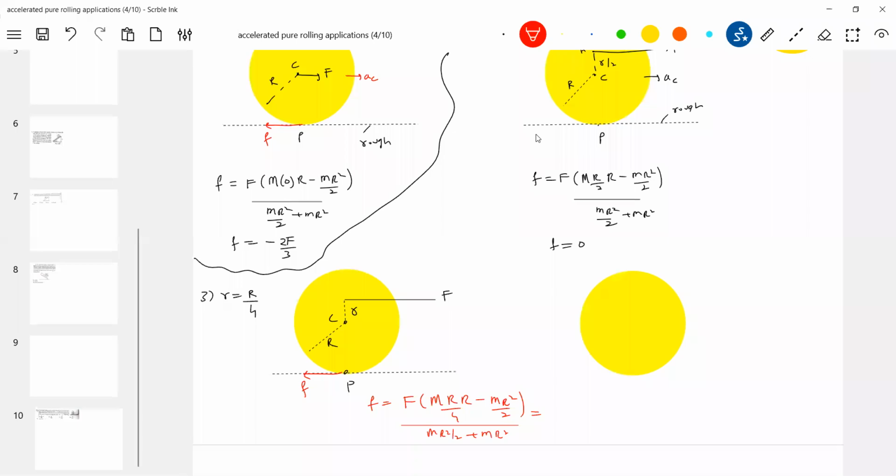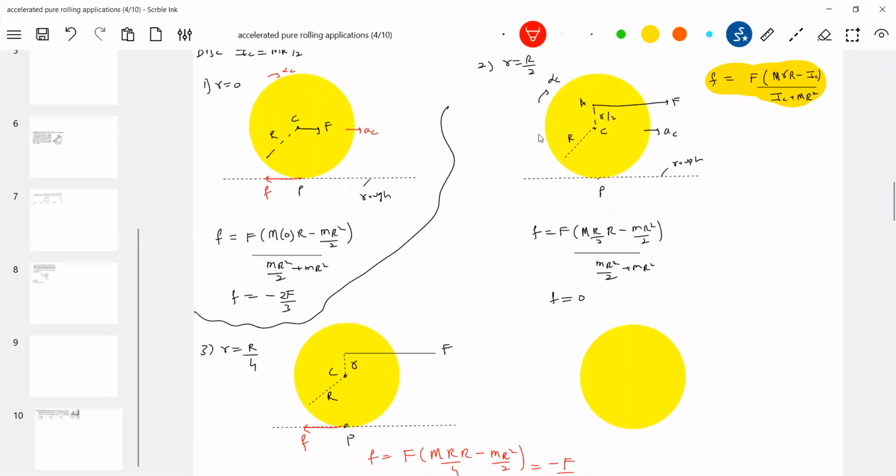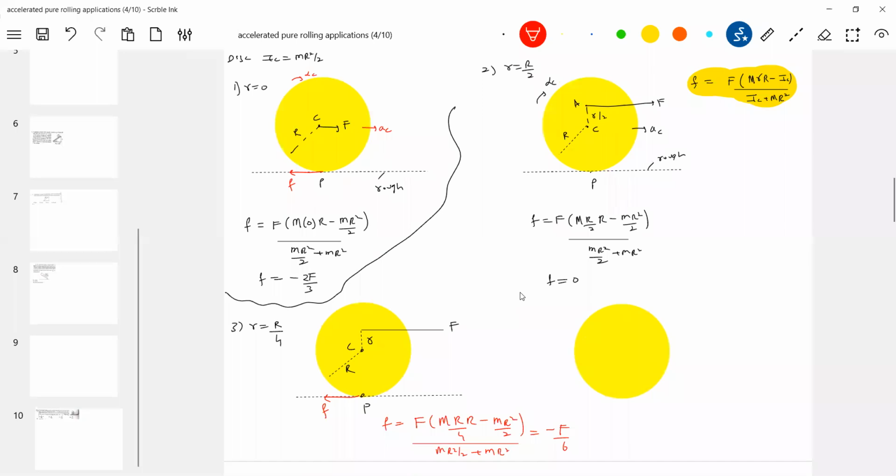How much will f be? Small f will be? Mr square will get cancelled. So 1 by 4 over... F by 6. Yeah. Now look at the frictional force. Rolling friction also depends on the point of application of the force. That's what I mean to say here.